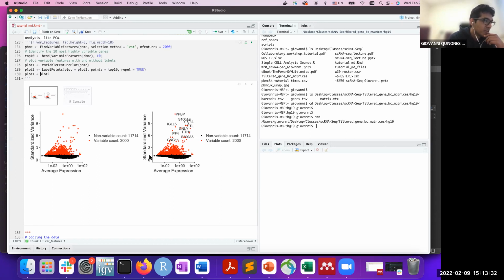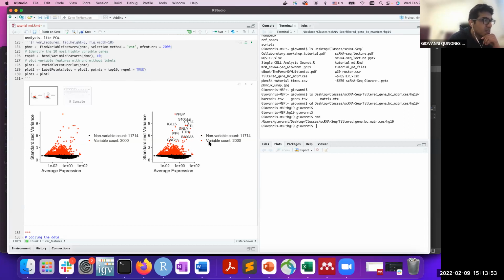So whatever is too far from this middle value of 1 would be highly variable. It's pretty much the same idea. Whatever genes are way outside of our main trend line, those are the highly variable genes.